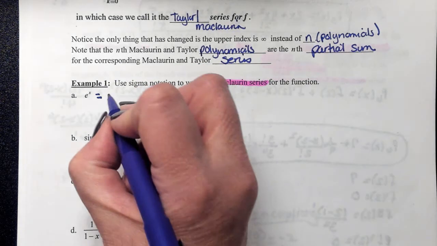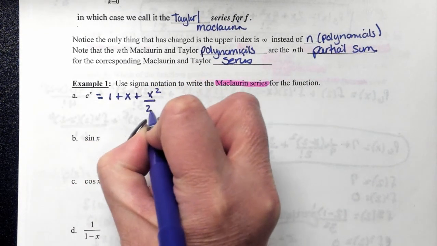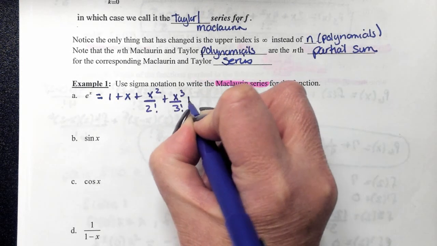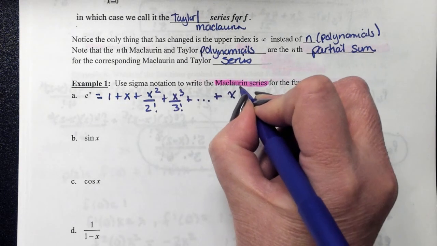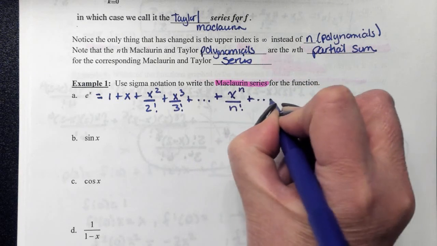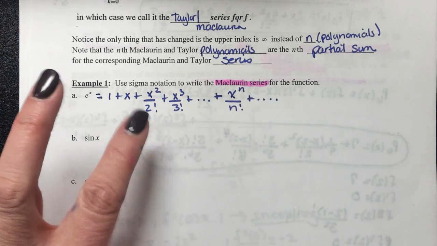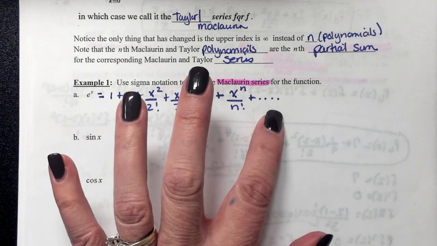It's 1 plus x plus x squared over 2 factorial plus x to the third over 3 factorial plus dot dot dot plus x to the nth over n factorial plus dot dot dot. If you're writing your series, this is how you have to write it: the first couple terms, plus dot dot dot, plus the general formula, plus dot dot dot.